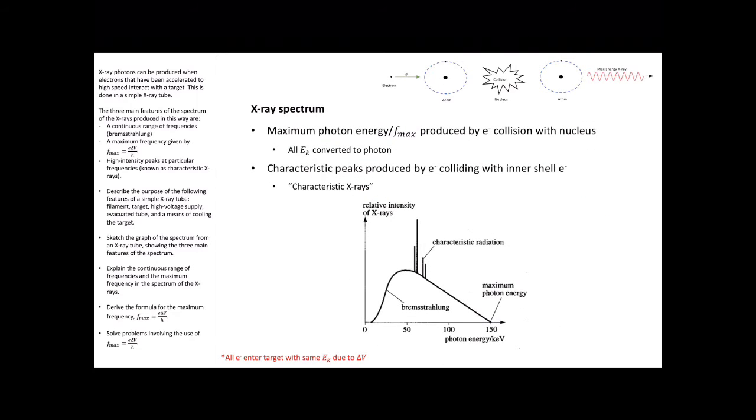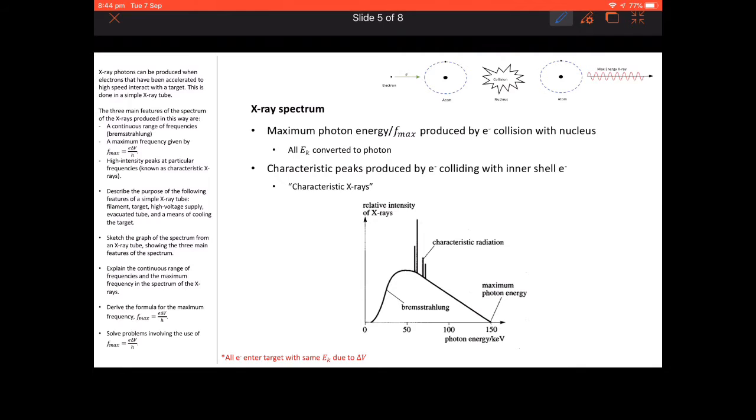The other two features of the X-ray spectrum that you'll have to know about are the maximum photon energy and the characteristic radiation, or the characteristic peaks. The maximum photon energy, or the maximum photon frequency, is produced by an electron's collision with the nucleus.